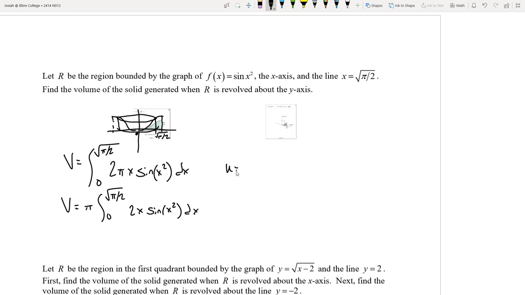We'll let u equal x squared, so du is 2x dx. That should be an equal sign; it bled a little bit. So the integral from x equals 0 to root pi over 2 of sine of u du.